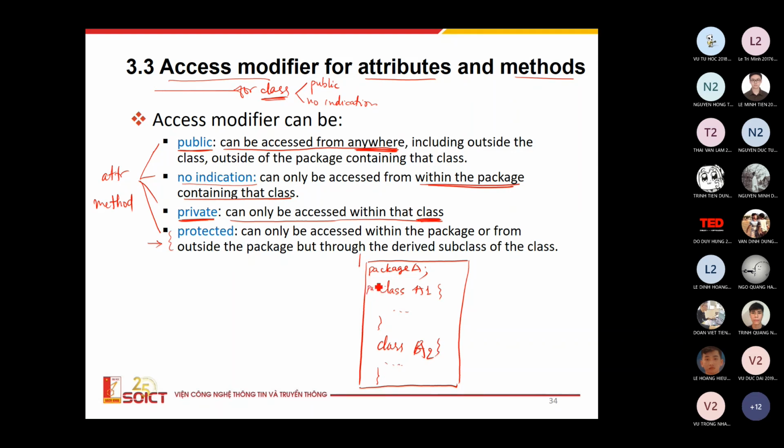And this one is public. And you have another package, like package B, and you have the class B1. This is public, for example. And inside the class, you have an attribute and method with some name.